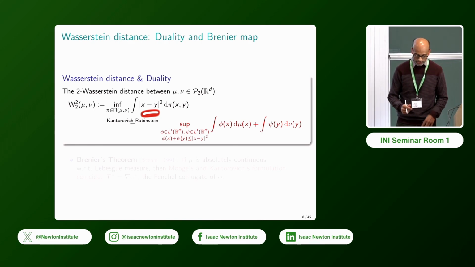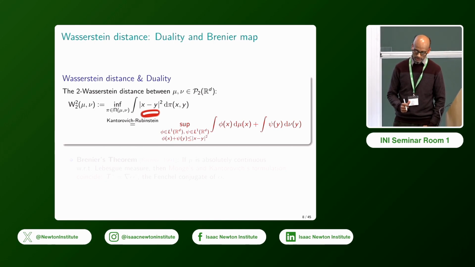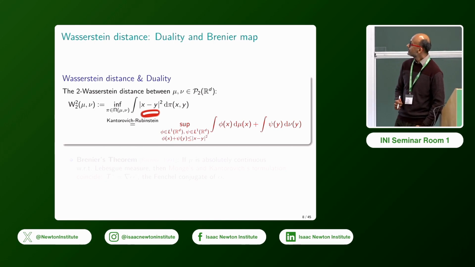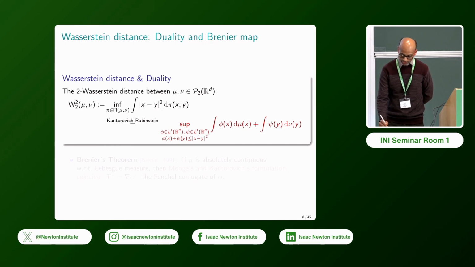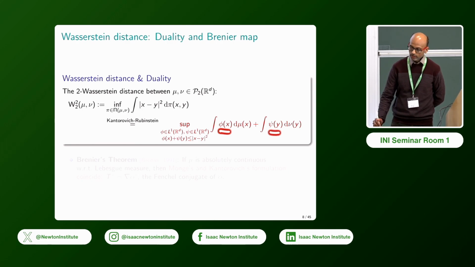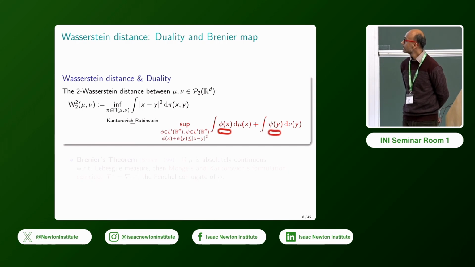Okay, and this is defined as the Wasserstein distance, and we have a dual representation for this distance in terms of the Kantorovich potentials. So this phi and psi are the Kantorovich potentials.